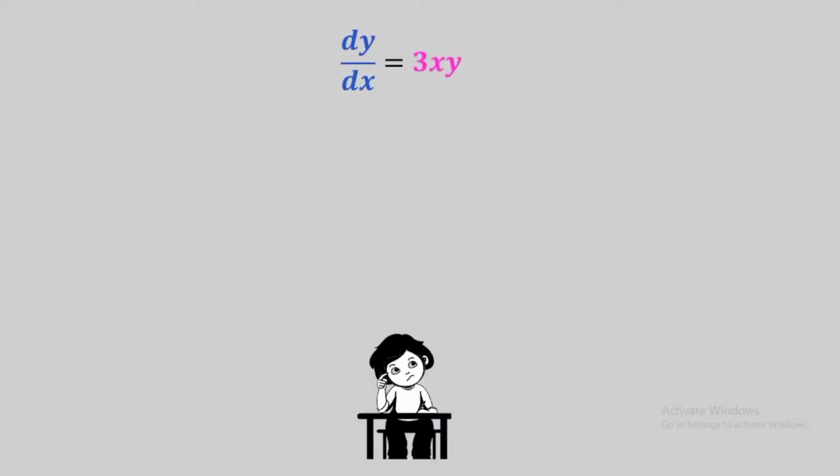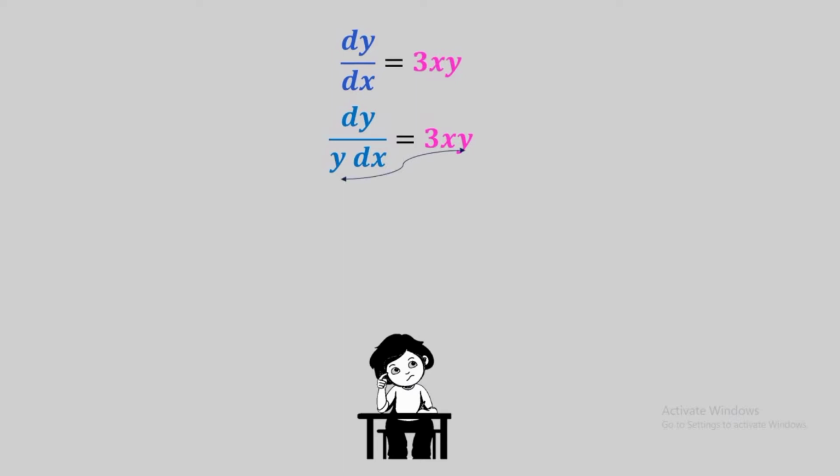So for example, we have dy over dx is equal to 3xy. Separation of variables can be used when all the y terms including dy can be moved to one side of the equation, like this one.